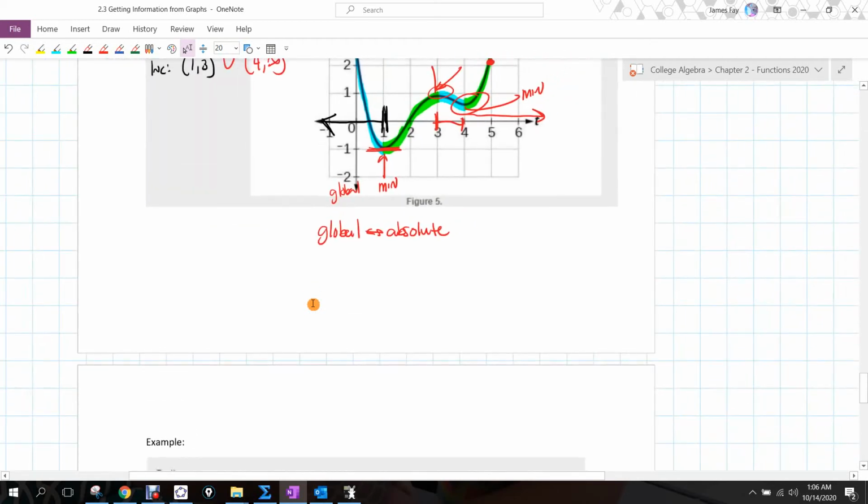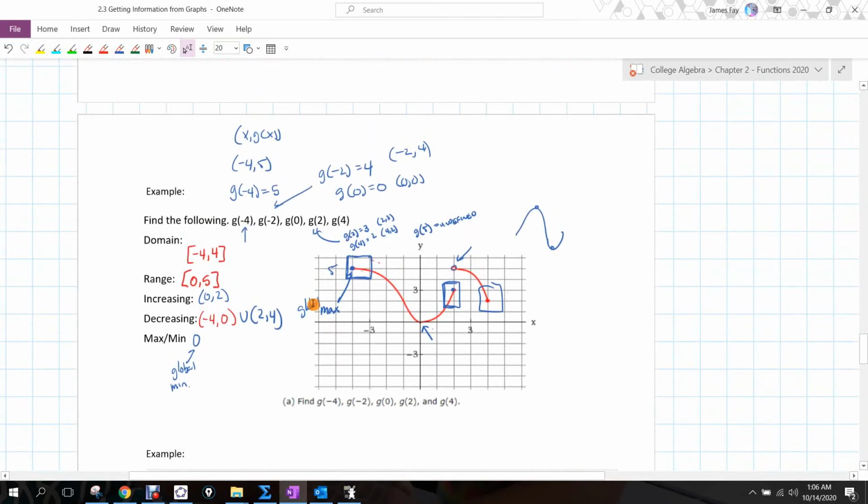But the purpose of this main vocabulary is so we can have dialogue about maximums and minimums and those relationships for other types of functions. Maximums and minimums for the various polynomial functions that we're going to come across. Maximums and minimums for trigonometric functions and so forth.